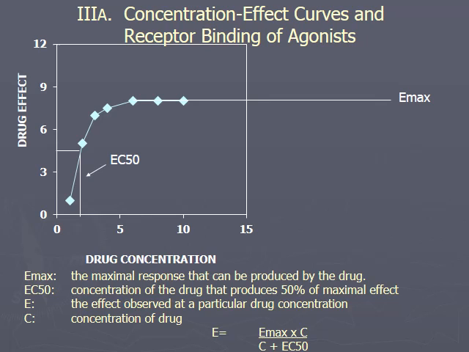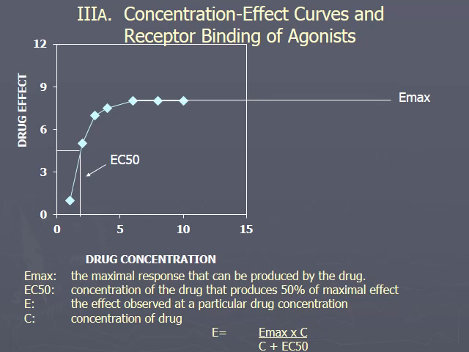The EC50 is a property of a particular drug receptor complex. And what it tells you is the concentration of drug needed to achieve 50% of the maximum effect. The concentration of drug needed to achieve 50% of the maximum effect.